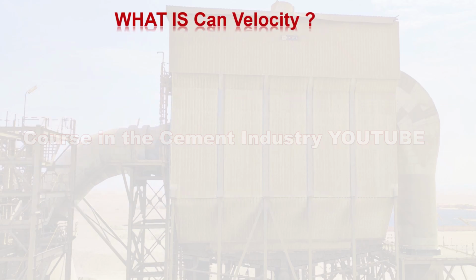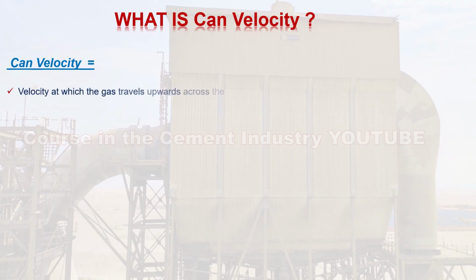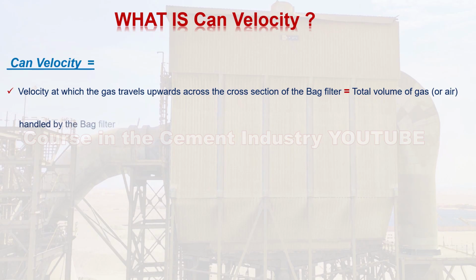What is can velocity? Can velocity equals the velocity at which the gas travels upwards across the cross-section of the bag filter, equals total volume of gas or air handled by the bag filter, cubic meter per minute, divided by cross-sectional area of bag filter casing, meter square.